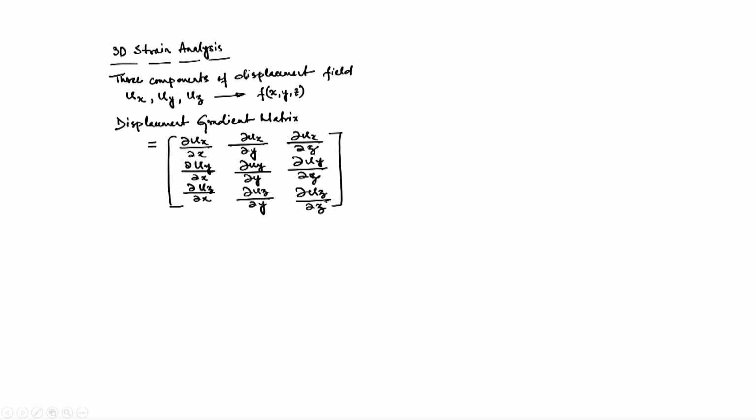So, that is the displacement gradient matrix. Then we defined a line whose changed length we can express in terms of its initial length plus epsilon pq, right.